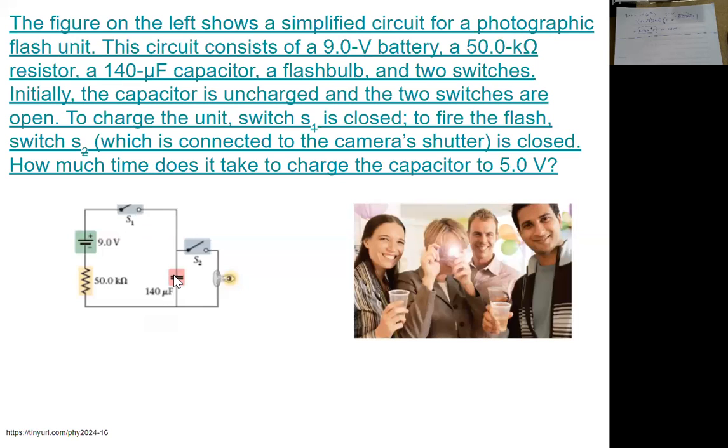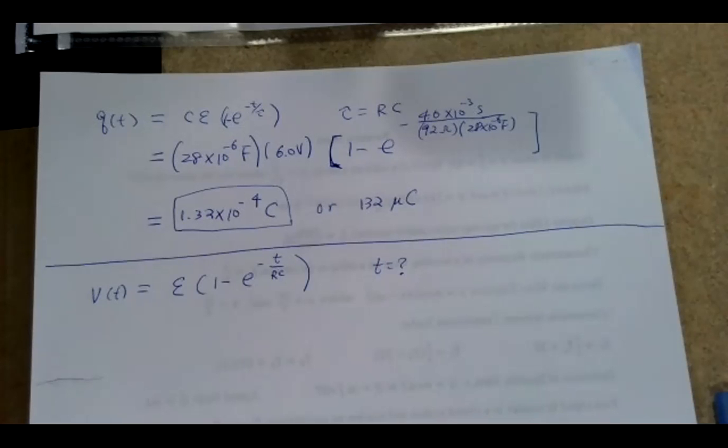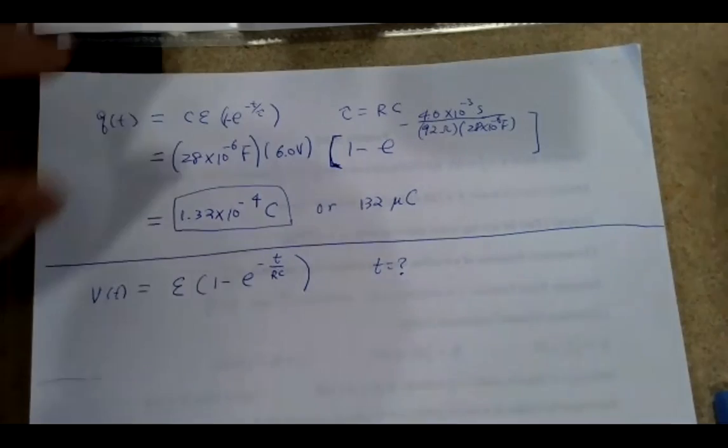In this case, you are using the other equation that we got for charging a capacitor: V on the capacitor as a function of time t is equal to epsilon times 1 minus e to the minus t over tau, where tau is R times C. But this time you're solving for t. Give it a try and then we can take a look at the solution together in a little bit.